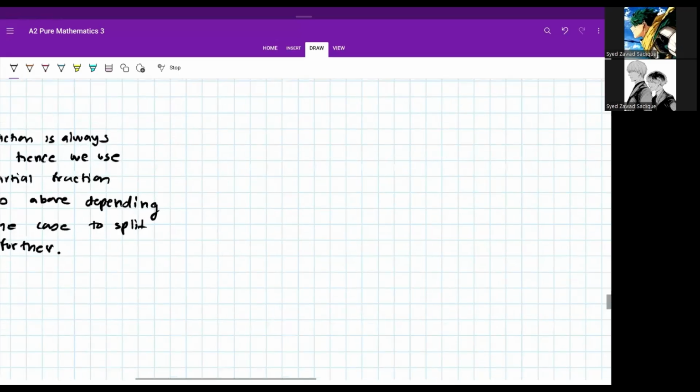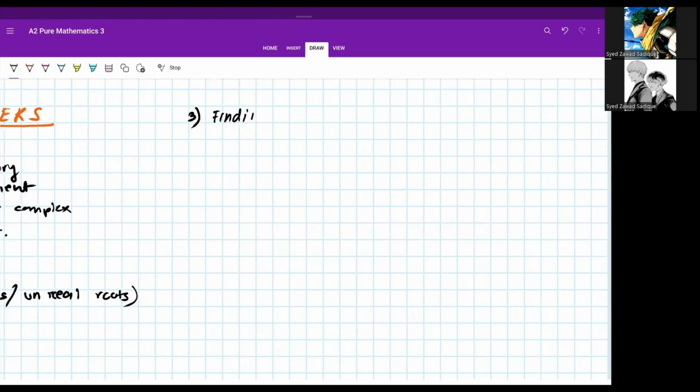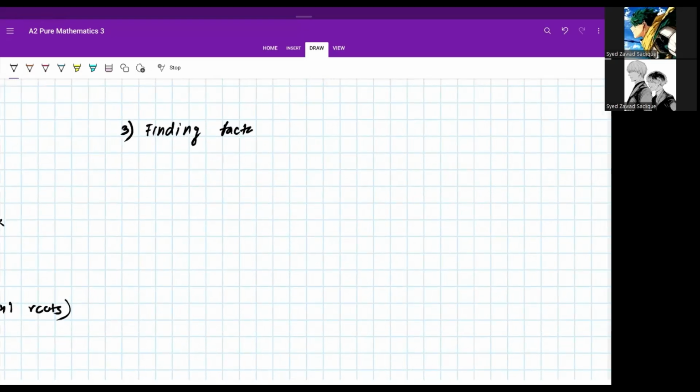Concept number 3 is finding factors or roots of complex numbers.